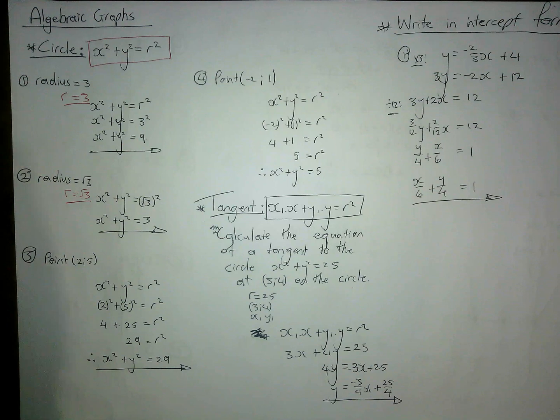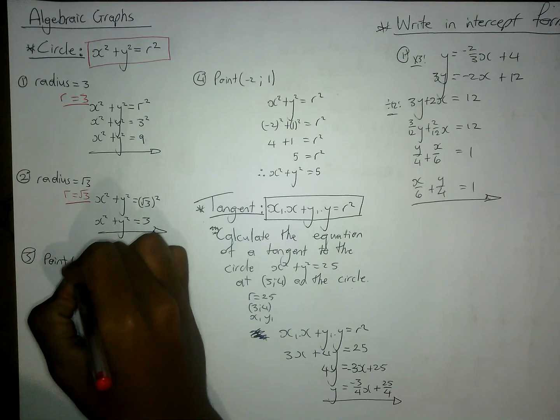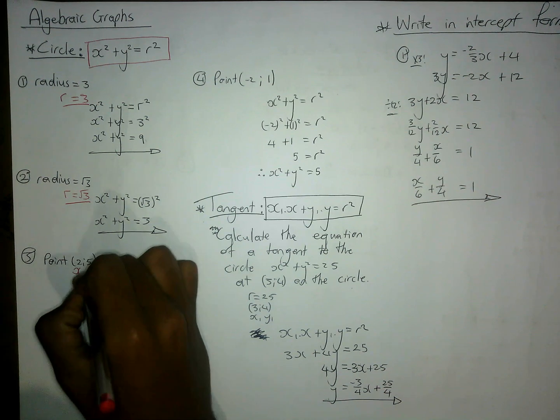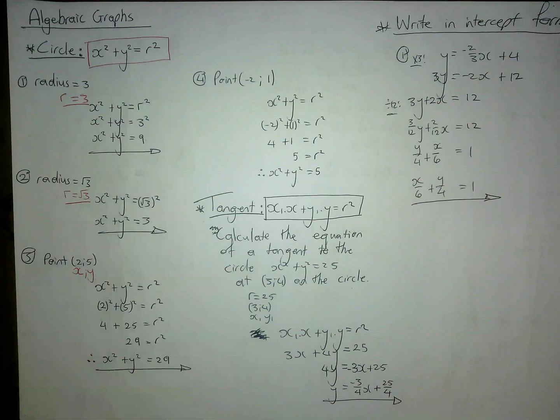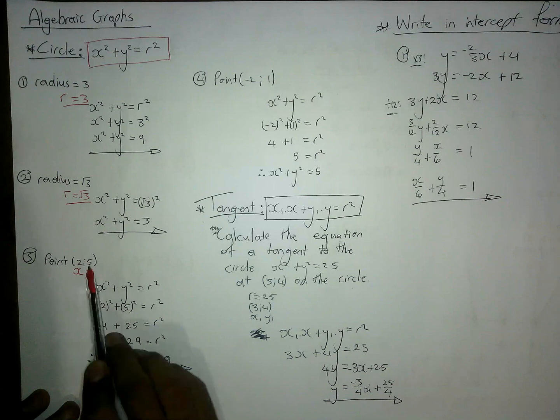So the next one, they give you a point. They give you maybe a point on that circle. They say that the point 2 and 5 is on the circle. So we know that this 2 here is the x, and that 5 is the y. All we do, we substitute that 2 in the x, this 5 in the y.